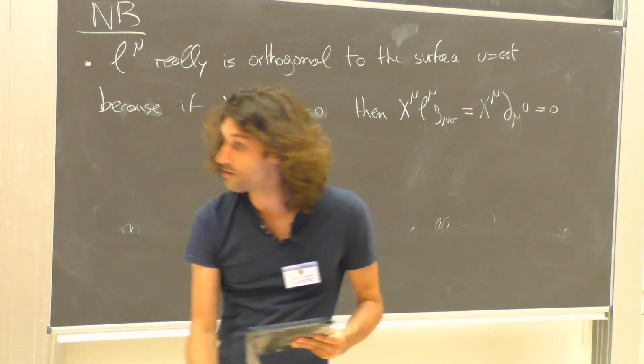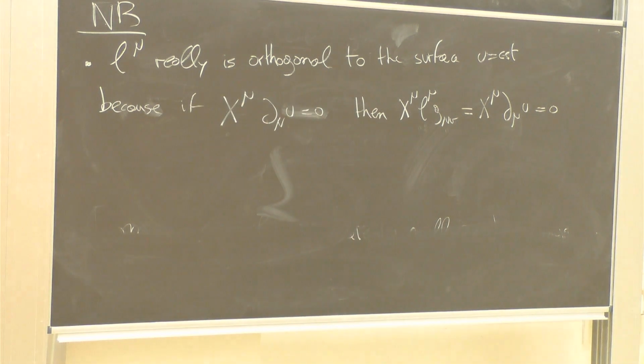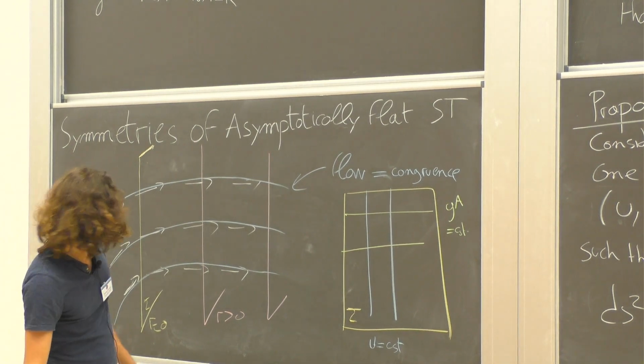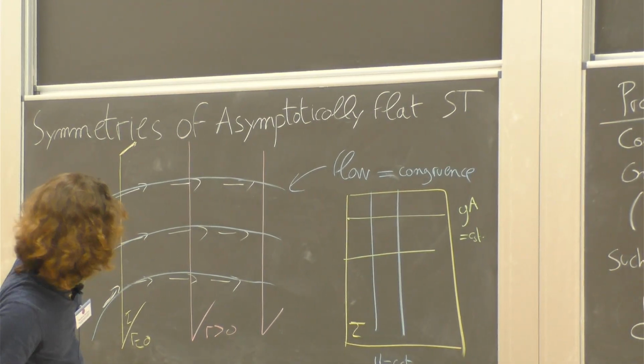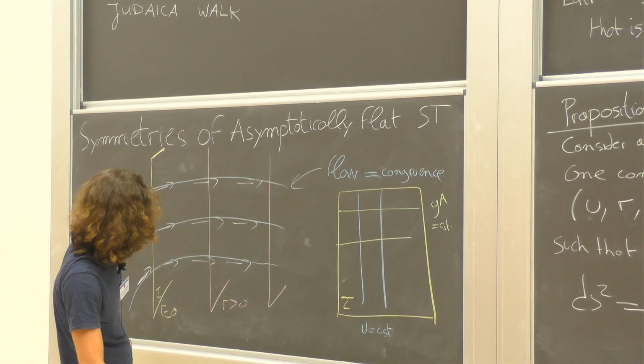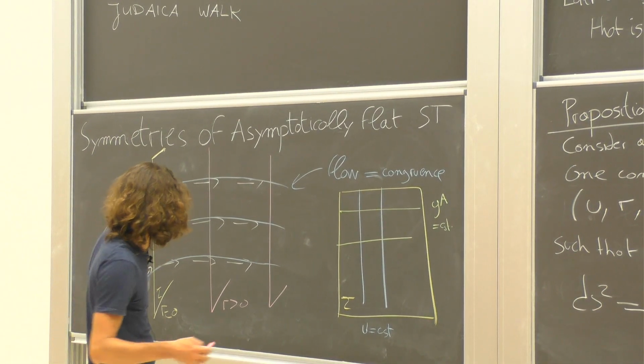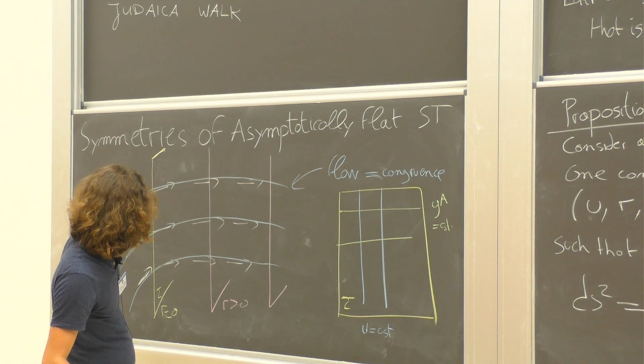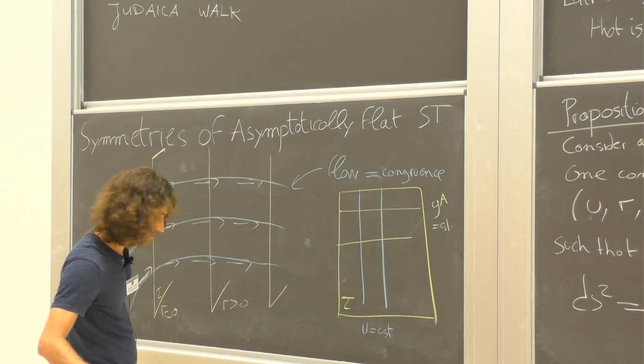Now in this picture, what's going on is that this u equal constant slice is in there. I'm going to have trouble with my colors. I should not have used blue here, it's bad. Maybe white in the end.